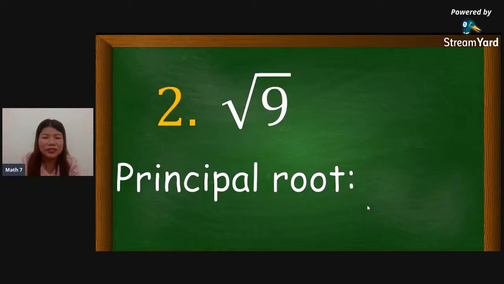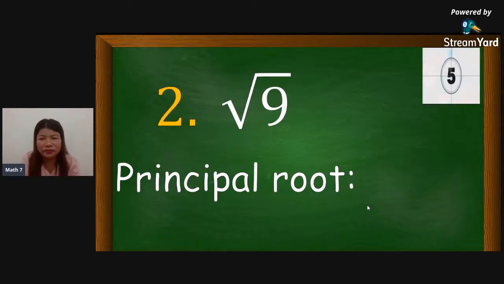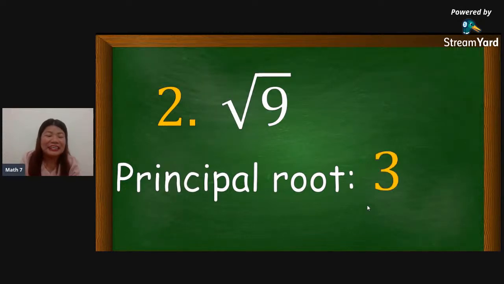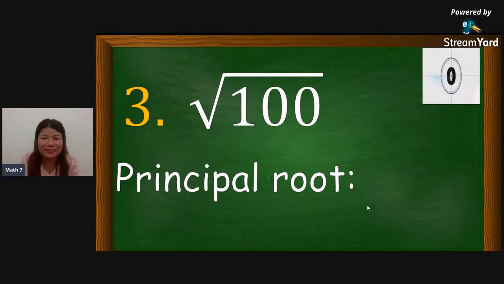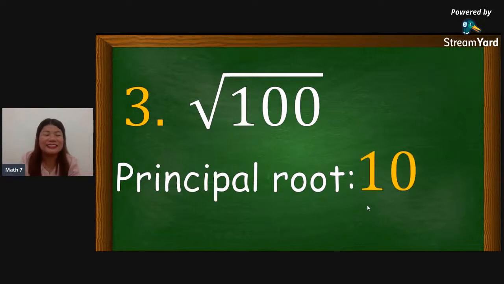Next, square root of 9. Time starts now. Mabilis. That is 3. Next, square root of 100. 4, 3, 2. Okay, the correct answer is 10.